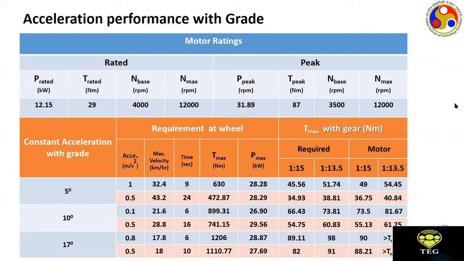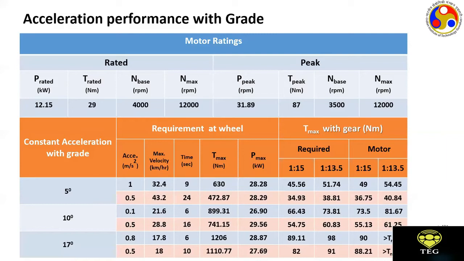If I do field weakening and reach a maximum speed of around 12,000 rpm, then I can get a fair idea of my base speed. Usually for a well-designed motor, the ratio of base speed to maximum speed is 1 is to 3. That means the maximum speed is 3 times the base speed.